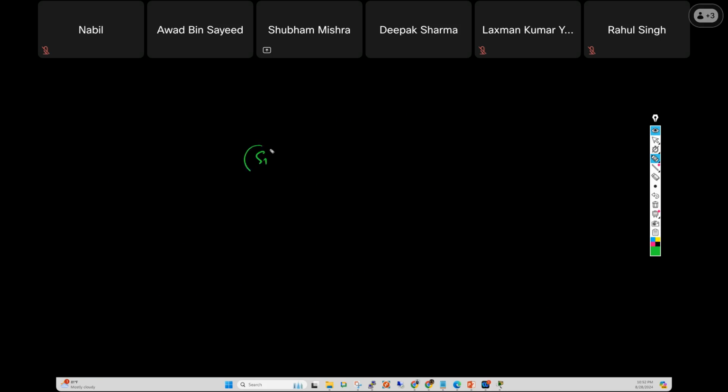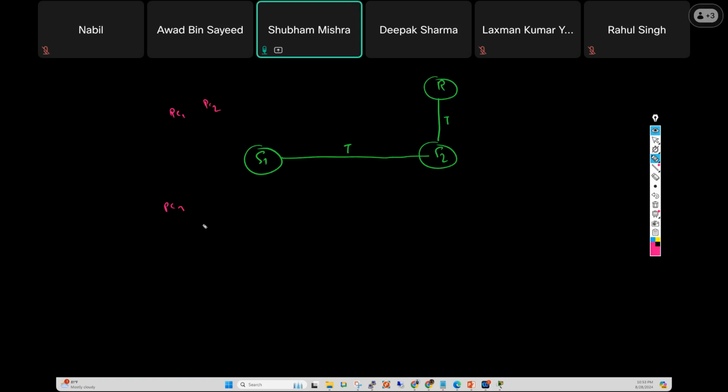One more concept. Switch 1, switch 2. We are using a router, and this is the trunk port. PC1, PC2, PC3, PC4, PC5, PC6, and PC7.